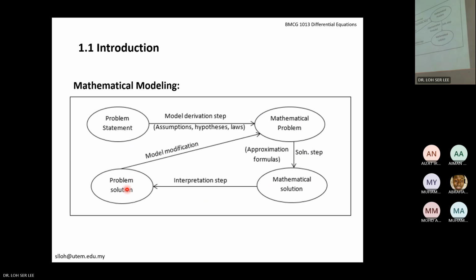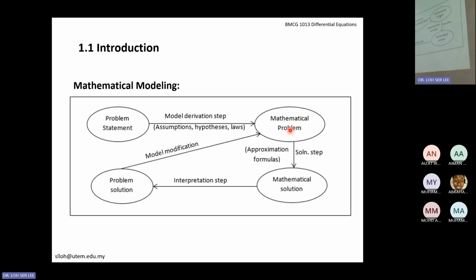If yes, that means this is a good mathematical model. Otherwise, you will modify the model to get a good fit model that can represent the real life problem. This is the process to do the mathematical modeling.